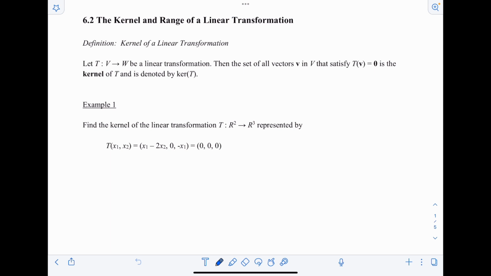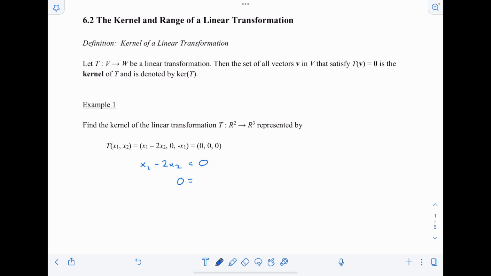So example 1 says find the kernel of the linear transformation from R2 to R3 represented by T of x1, x2 equals x1 minus 2x2, 0, and negative x1. I just added the equals 0, 0, 0 to remind us that what we're really asking is, when does this rule map to 0, 0, 0? So we take x1 minus 2x2 and set it equal to 0.